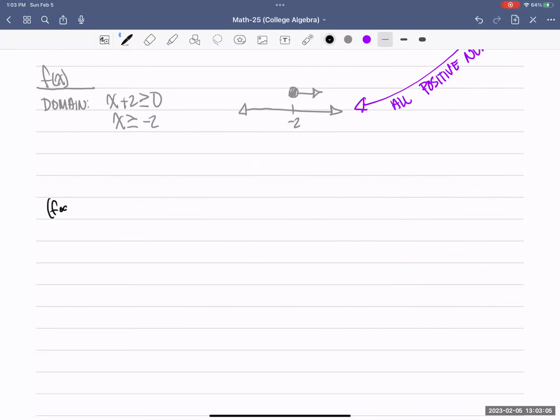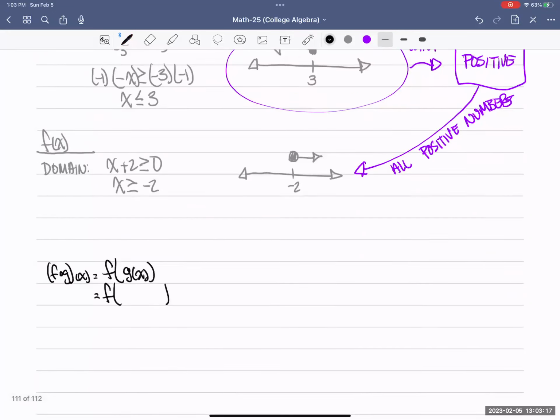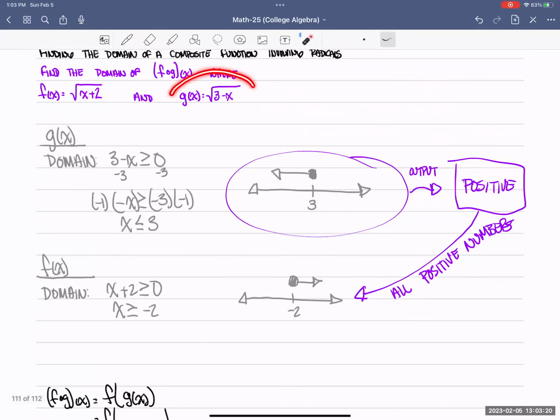So f of g of x, we're looking at the function f of x, inputting the function g of x. So for f of x, we're inputting the function g of x, which is the square root of 3 minus x.